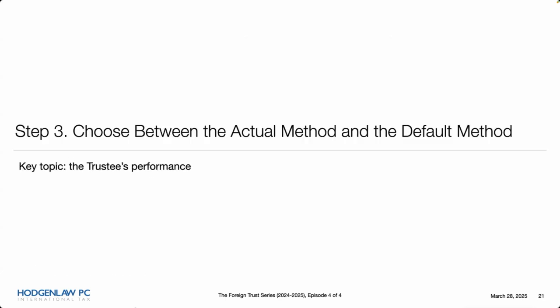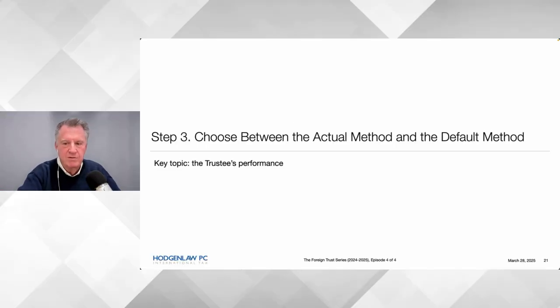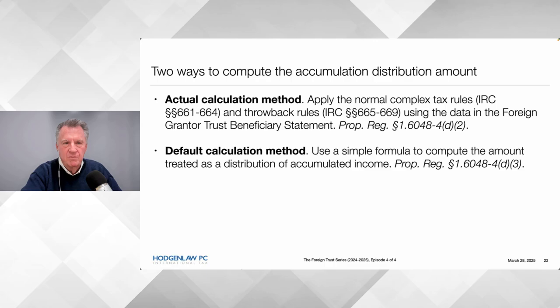And here we come to the fork in the road, sheep and the goats, whatever metaphor you want. There are two methods that we can use to calculate how much of that $125,000 is treated for calculating tax liability purposes as the distribution from accumulated income, from UNI, if you wanted to have it that way.